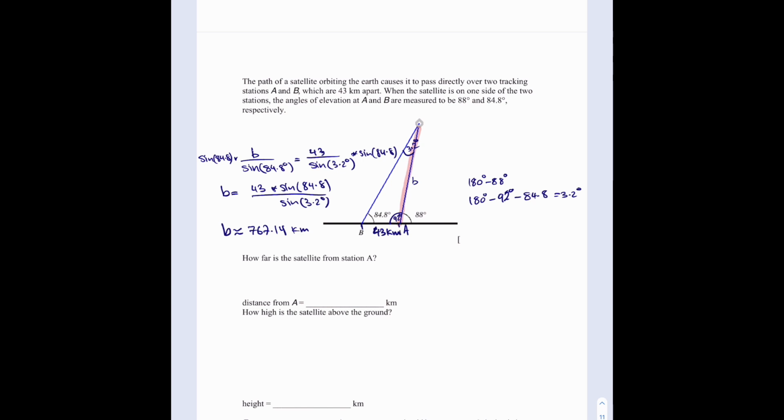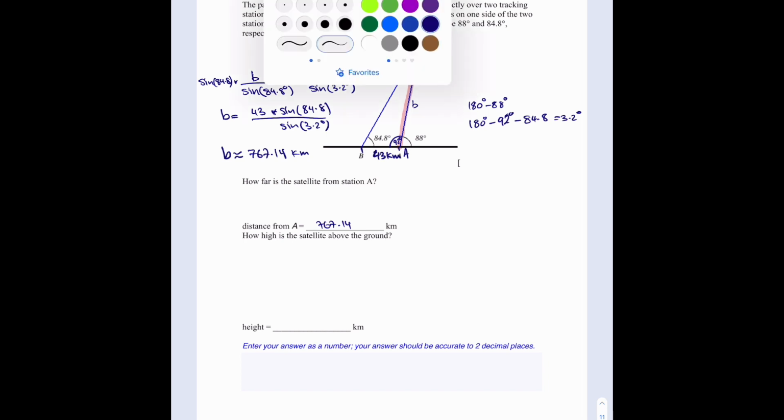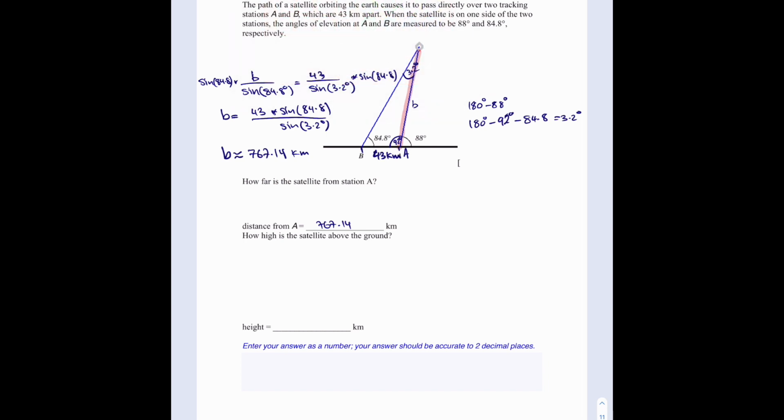That is the distance. So the distance from A is 767.14 kilometers. For the height from the ground, we're going to draw an altitude. So I'm going to draw an altitude here, and it's going to make 90 degrees, which means b now is the hypotenuse. And I know the angle is 88 degrees here.